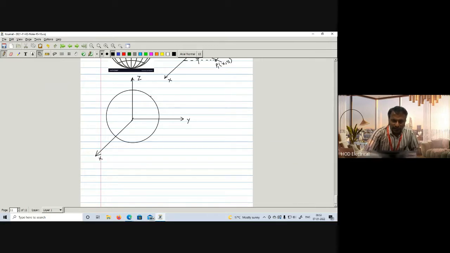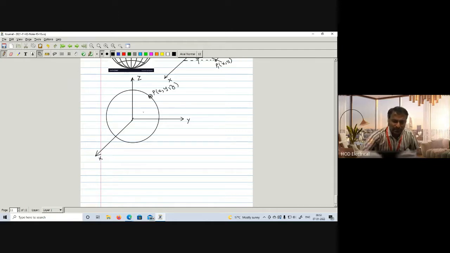Now this is the point we have already represented in the x comma y comma z system, and we are going to convert that into the spherical coordinate system.